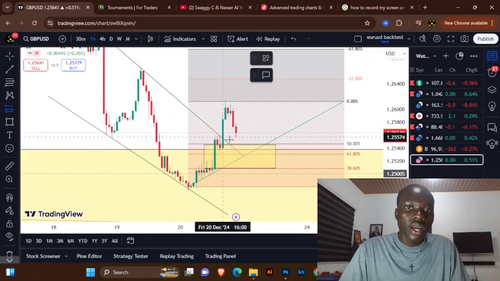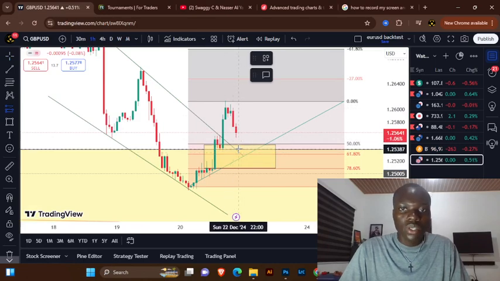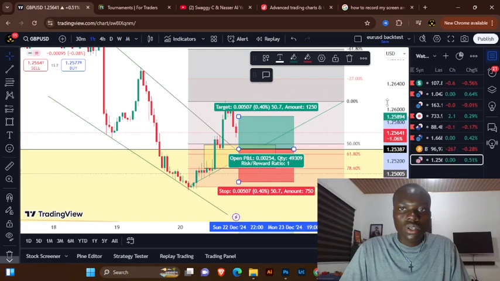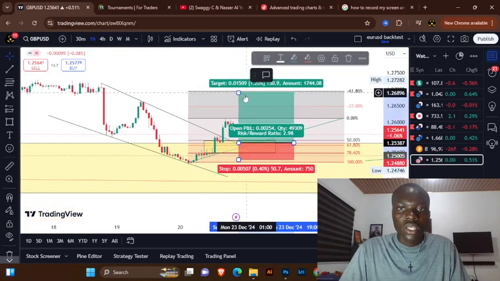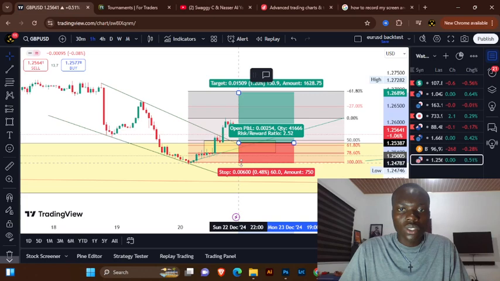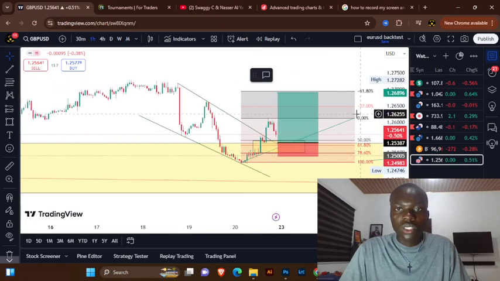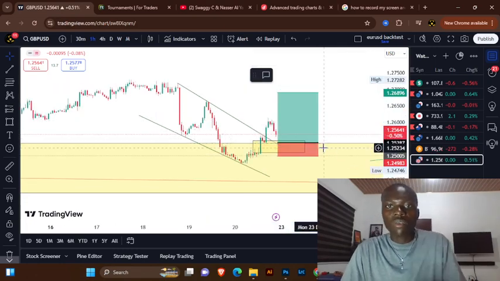I'll be placing a buy position from this zone to a new high, and my SL will be below this. This is another confirmation.